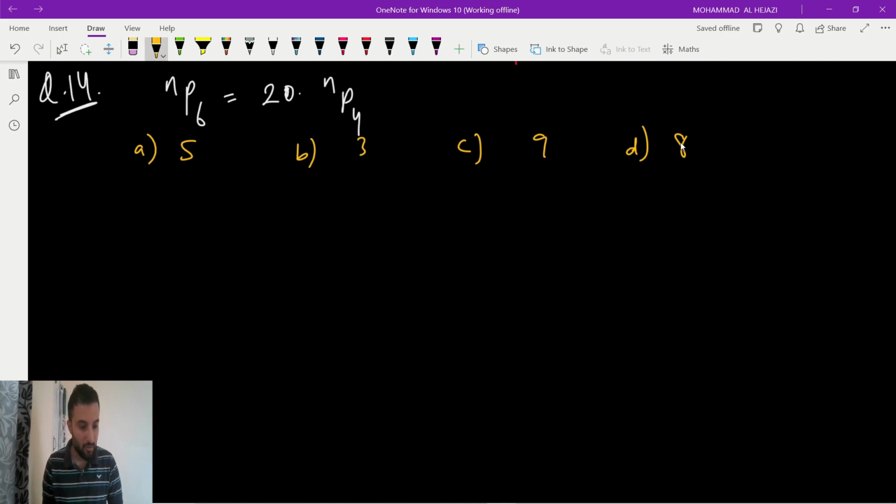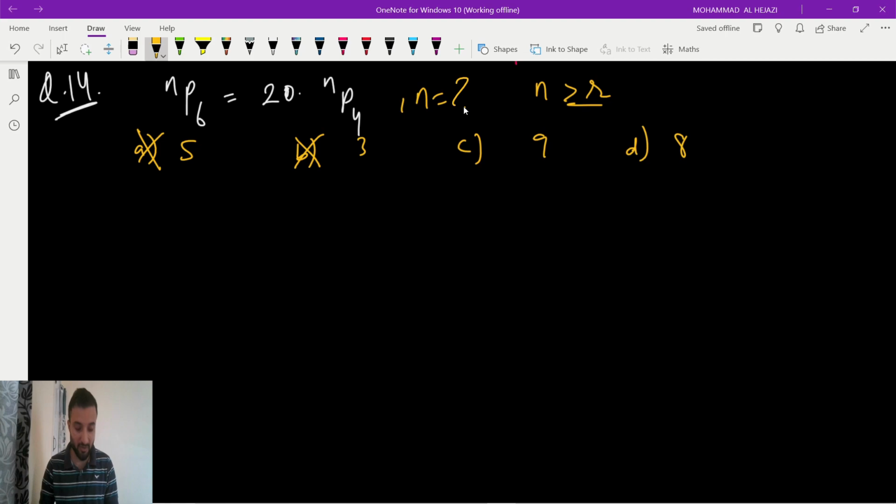Okay, so what we will do, we will substitute, right? Same thing, permutation. Obviously we know guys, n should be greater than r. So 5P6, no, 5 cannot be. 3P6, no, 3 cannot be, because n has to be greater. Here you have to find the value of n.